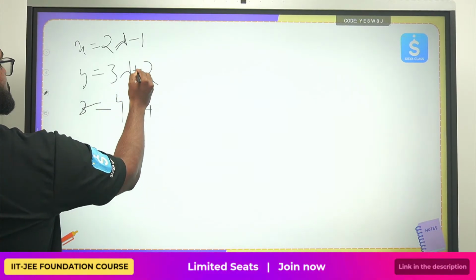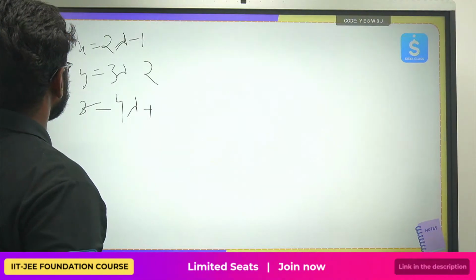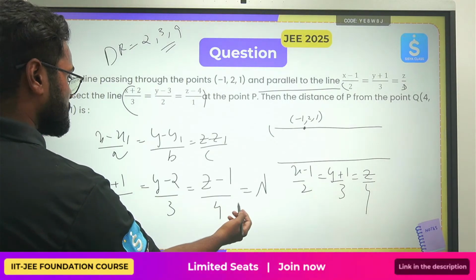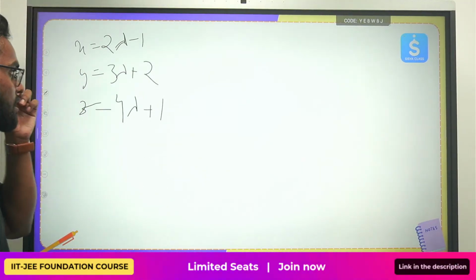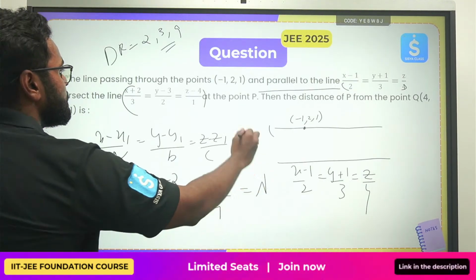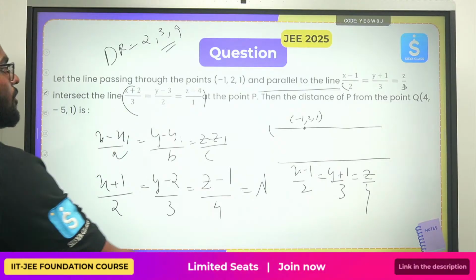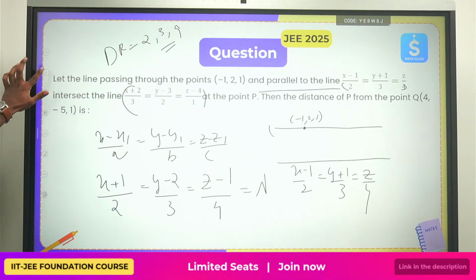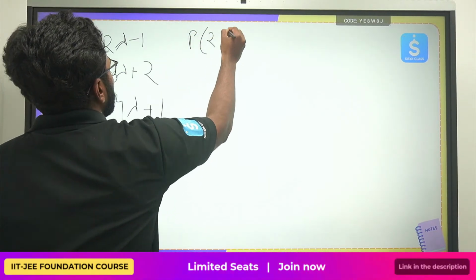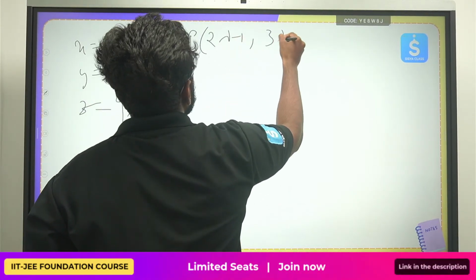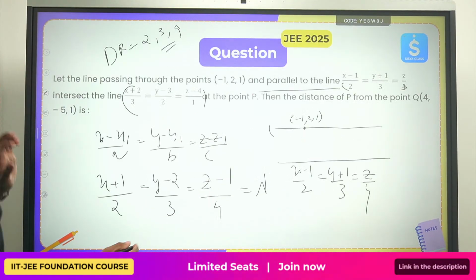Since these two lines intersect at this point, the point P is (2 sigma minus 1, 3 sigma plus 2, 4 sigma plus 1). You can directly substitute the values into the other equation.